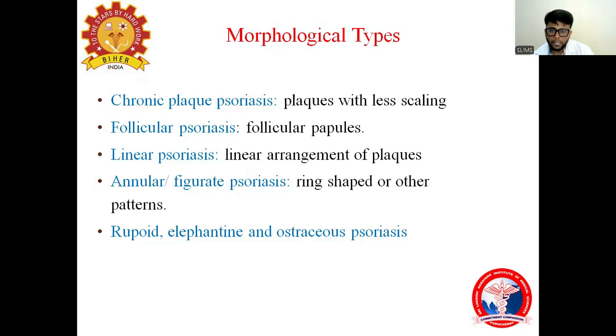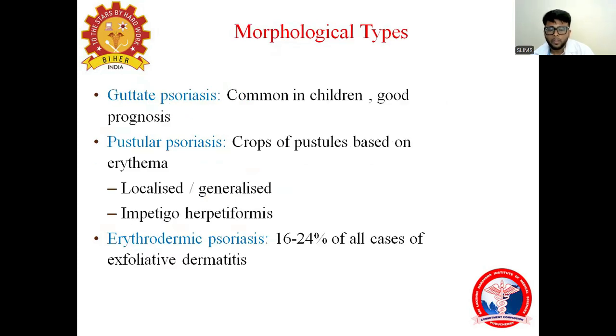Guttate psoriasis is seen as raindrop-like small lesions in a Christmas tree pattern on the upper back. It carries a good prognosis and mostly follows a respiratory infection.